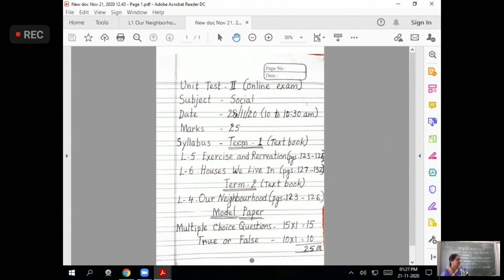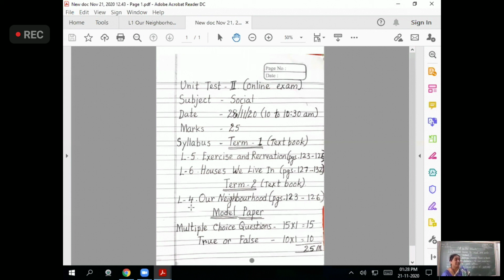And syllabus. Pay attention, children. Term 1 textbook. Lesson 5 and 6. I have mentioned lesson name and the pages. Exercise and recreation, pages 123 to 126. Lesson 6, houses we live in, pages 127 to 132. Next, term 2 textbook.